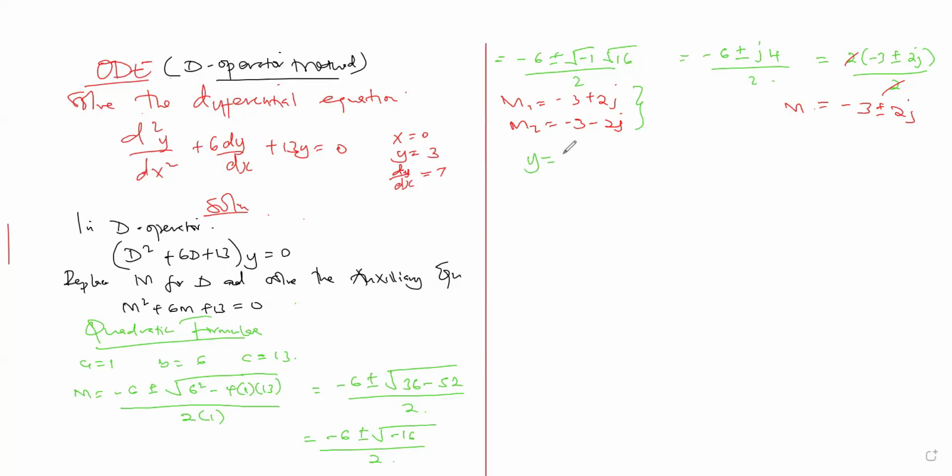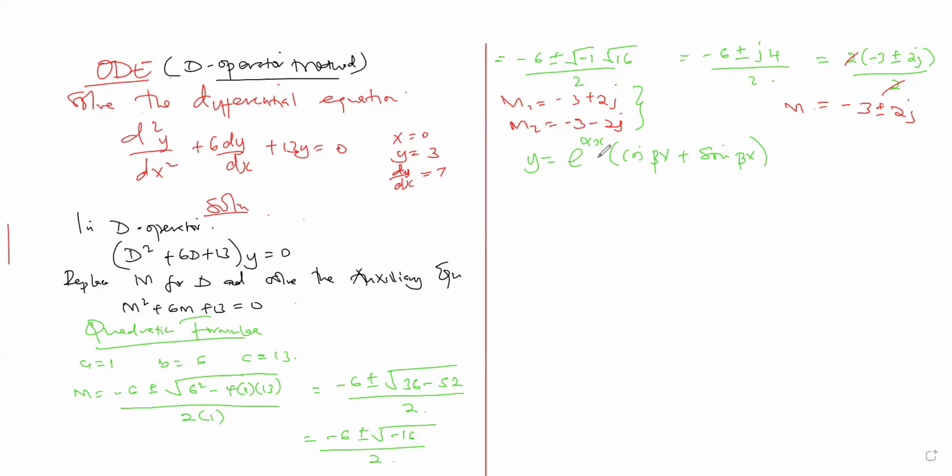The general solution is given by y equals e to the power alpha x, then cos of beta x plus sine beta x, where alpha is the real part and beta is the imaginary part. Okay, yes, alpha is the real part and beta is the imaginary part.